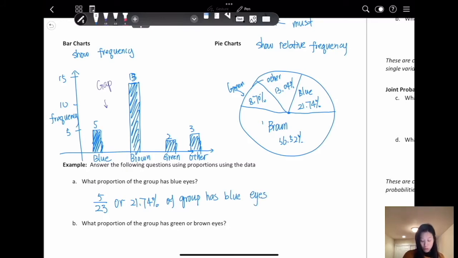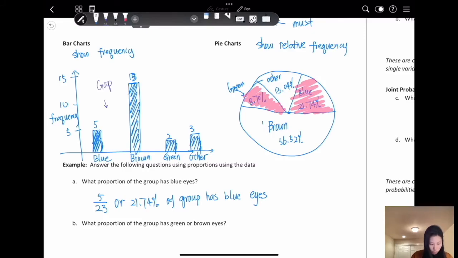What's the proportion of the group that has green or brown eyes? So let's take a look. Which part has green and brown eyes? The green eyes is here. Brown eyes is this part. So you can satisfy either one of them. So we want to add these two together.